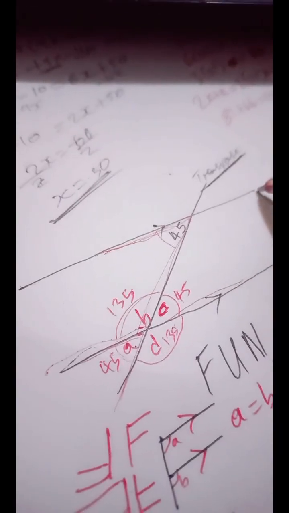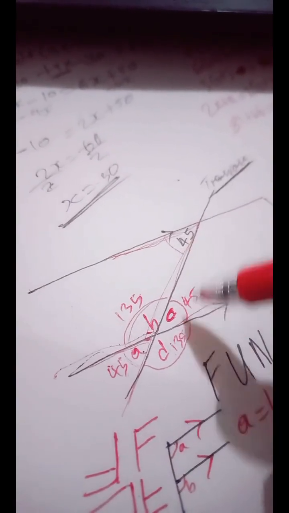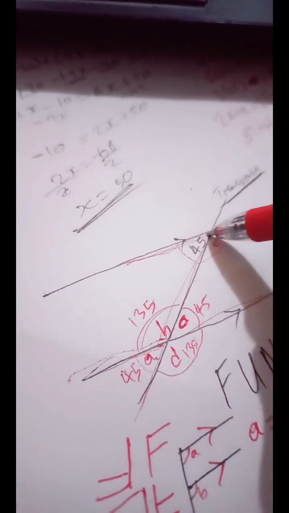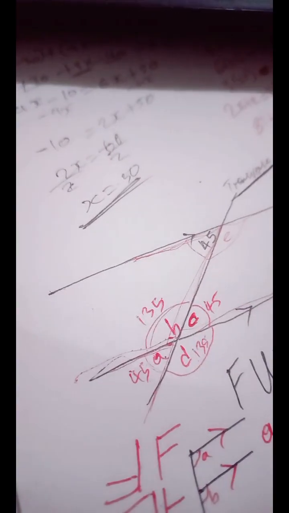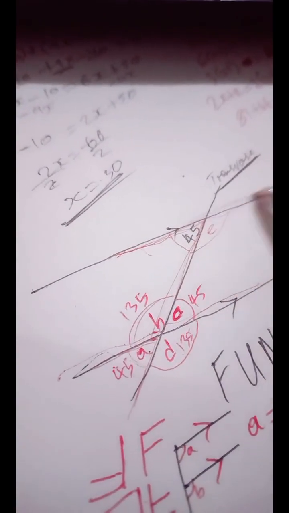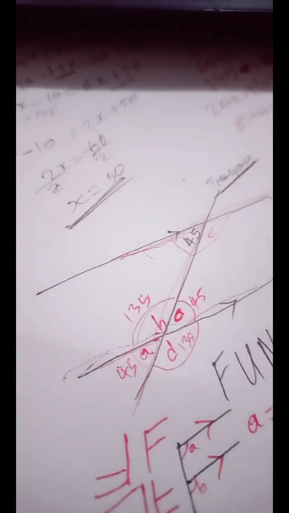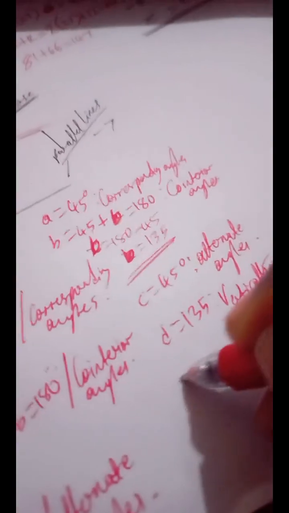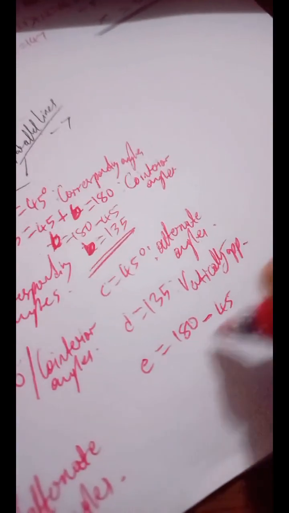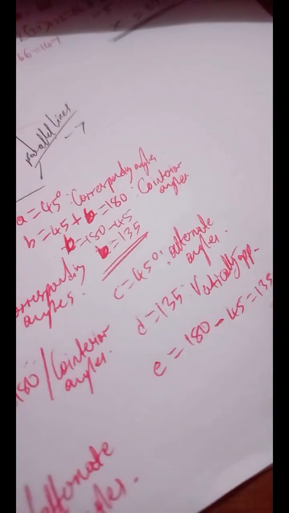We continue. Here, we can use the U to get this angle, angle E. We can use a U from here, right? We can even use a straight line. You see, this is a straight line. So you can say angle E is equal to 180 minus 45, which is equal to 135.